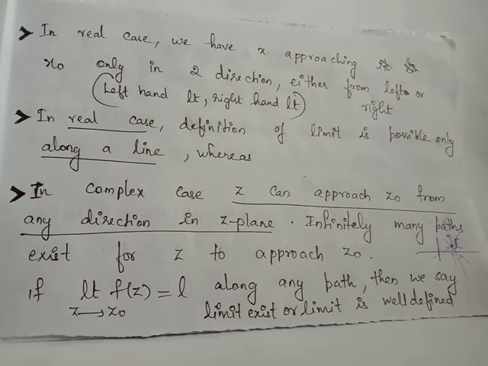If f of z assumes L as z approaches z0 through any path, then we say that the limit exists or the limit is well defined. That is, if f of z equals L when z tends to z0 and L is unique for every path by which z approaches z0, then the limit exists or is well defined.